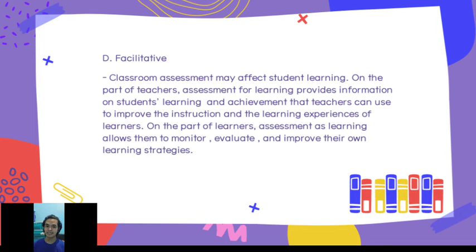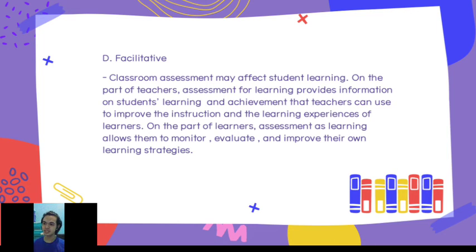So the outcome of assessment shows the achievement of a child or the status of the learners. So if the teachers have already acquired information or the knowledge of the child's level, he or she can improve his or her instruction and also the learning experiences that a child might have.